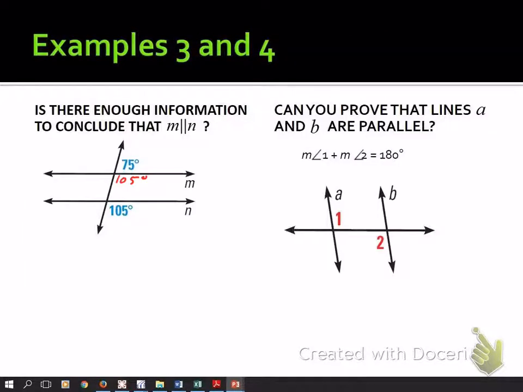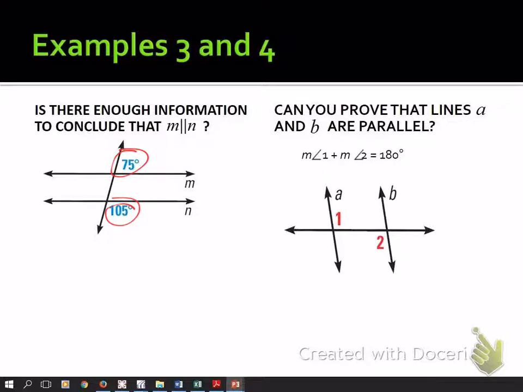Okay? Some more questions. Is there enough information to conclude that line M and N are parallel? Okay? In this first diagram, we've got this angle is 75 and this one's 105. So just like in any other situation where you've got two lines and a transversal, the first thing you want to do is determine what angle relationship you might be dealing with, right?